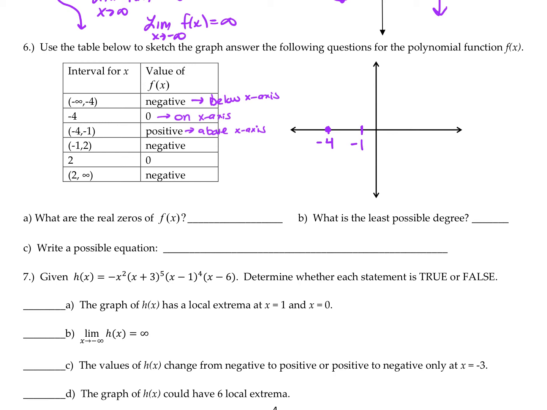So let's just sketch that part. So negative, positive between negative 4 and negative 1. Then it switches to negative. So it's going to go through there until I hit 2.